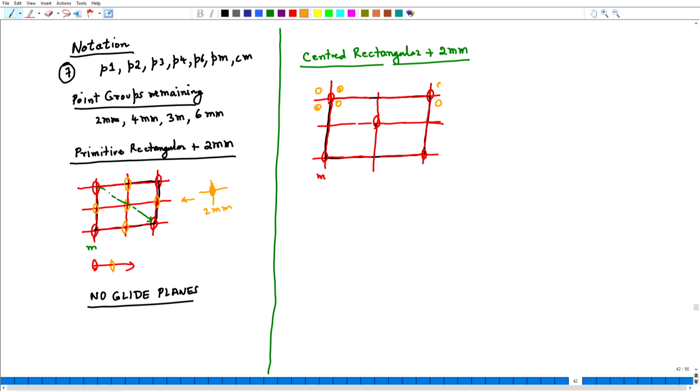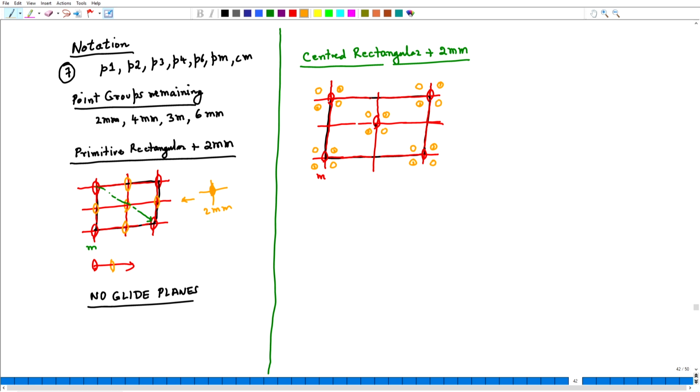other lattice locations. And also to the lattice point in the center.